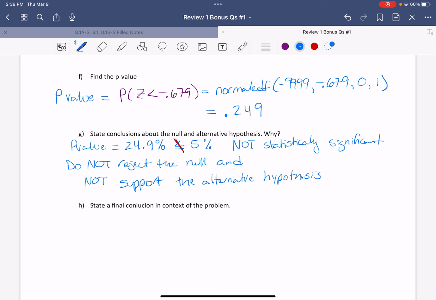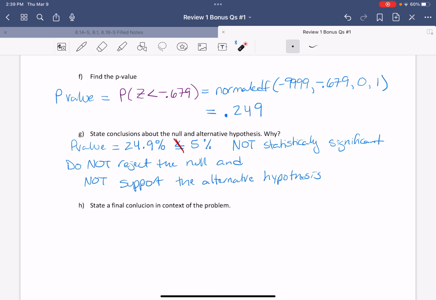Could you say what you said before about it not being 24.9%? Yeah. Not less than or equal to 5%. So our p-value, 24.9%, is not less than or equal to 5%, our significance level. Therefore, it is not statistically significant, because it is larger.